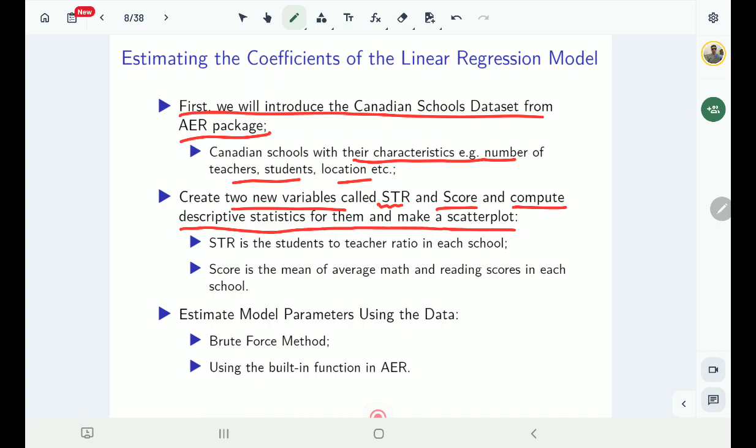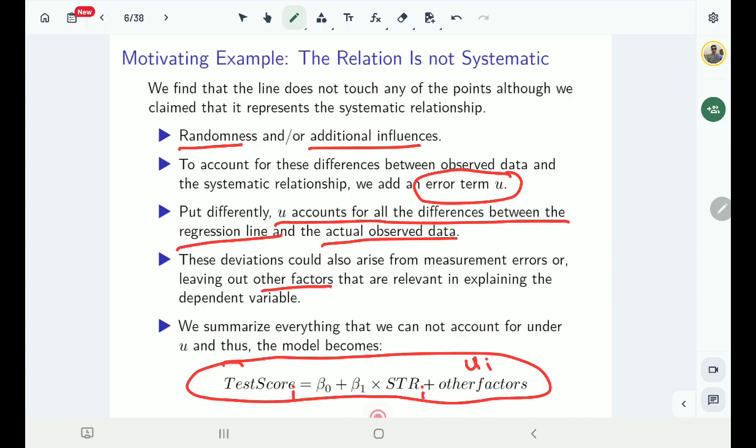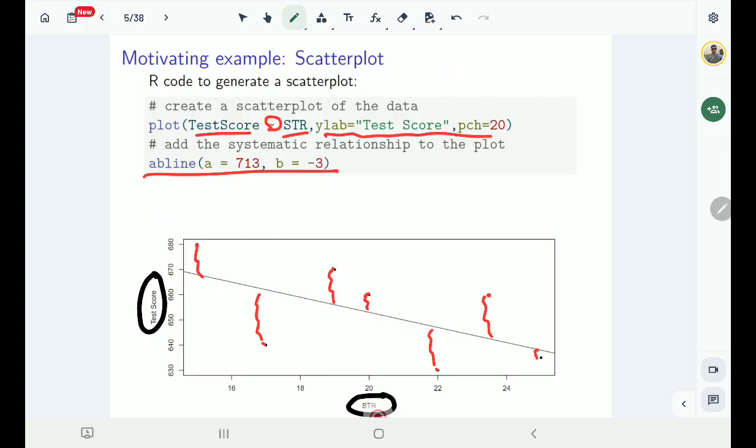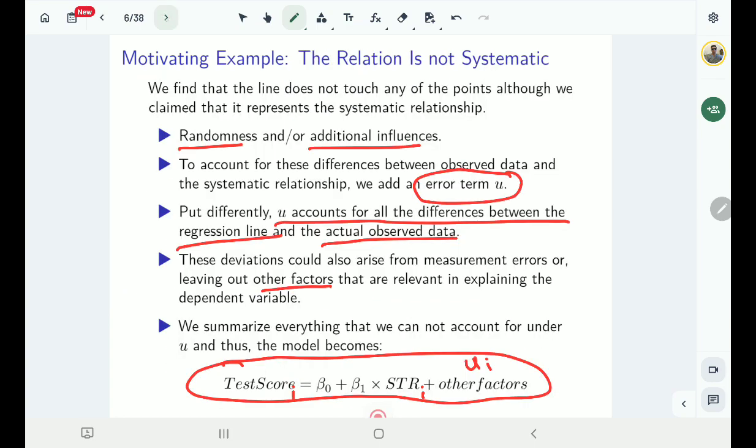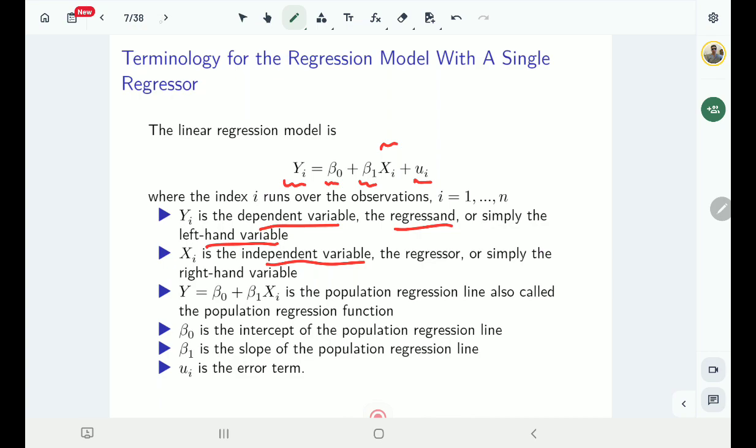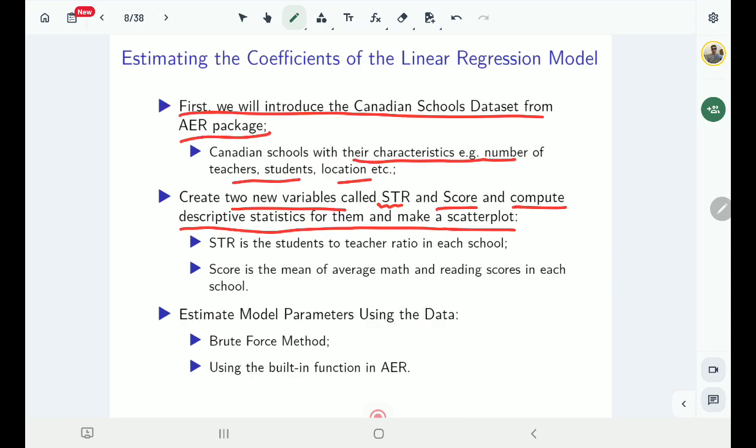Up to this point, we were dealing with some random data, but now we are going to work with real data, which is a random sample from Canadian schools. So that is the difference here.